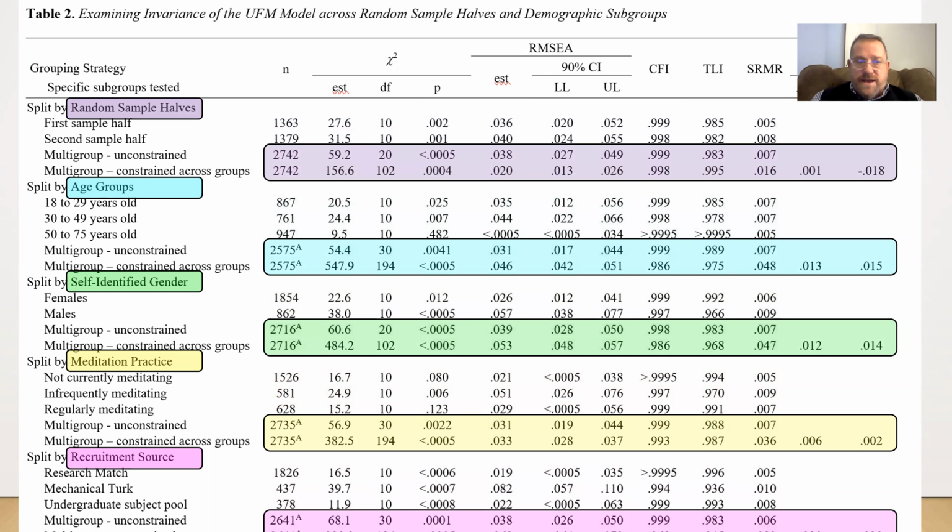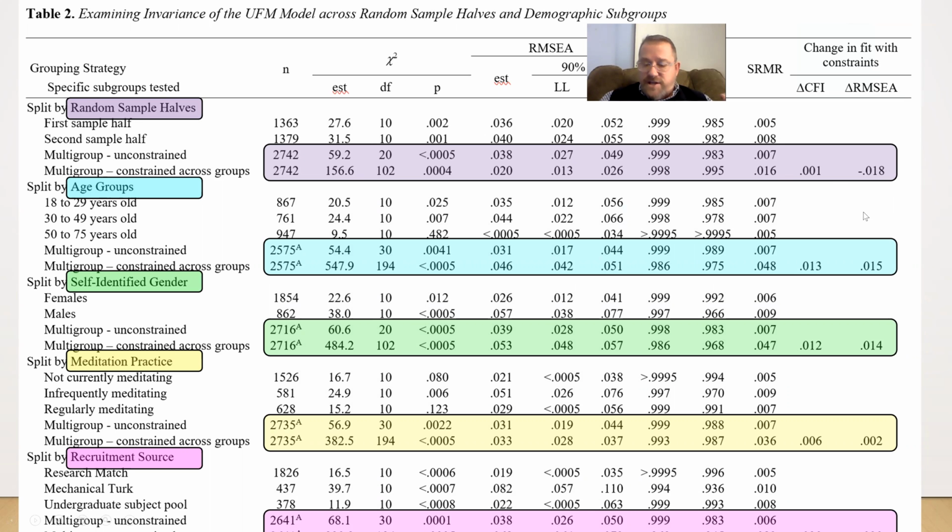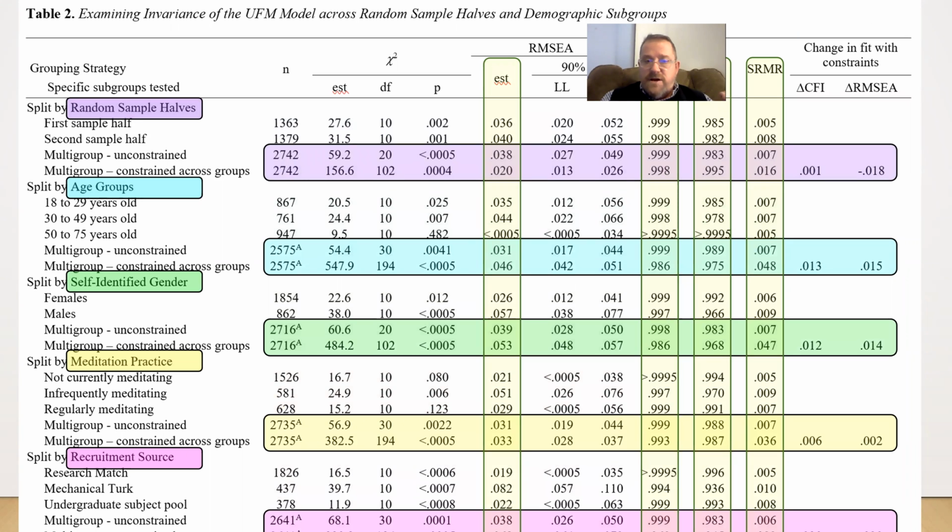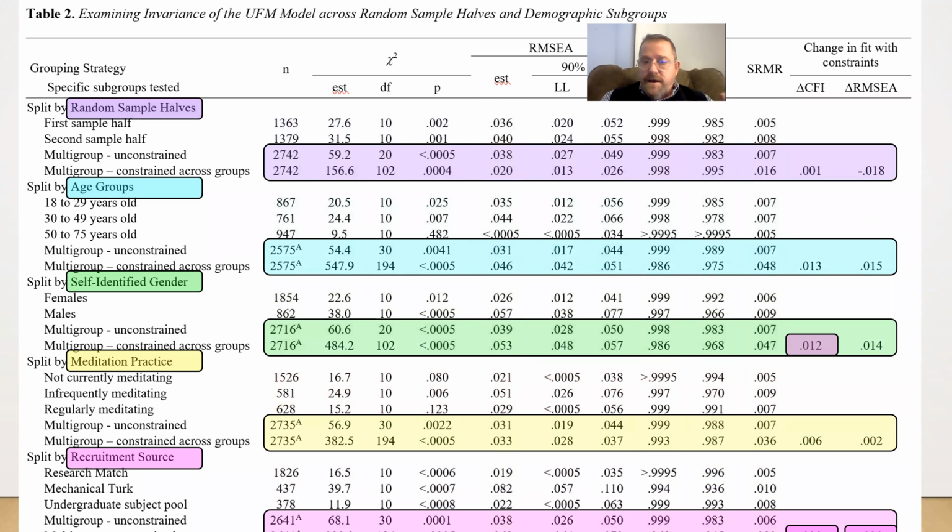The other cool thing is that the CFI and the RMSEA did not change that much when we constrained it. So not only did we still get good fit, but there were only a couple points where the CFI increased a little, and unfortunately across recruitment sources, both the CFI and the RMSEA changed quite a bit.